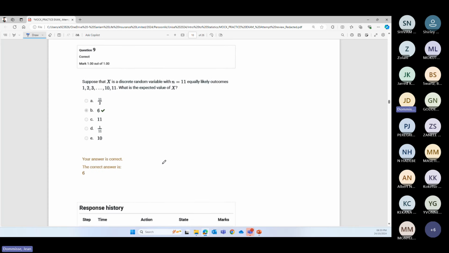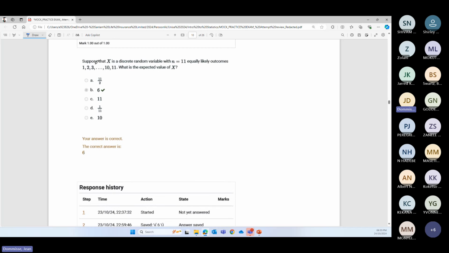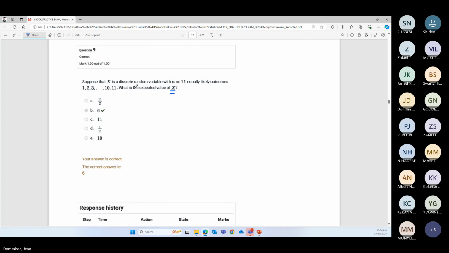Okay, and this one I think we have seen as well. Suppose that x is a discrete random variable with n equal to 11 equally likely outcomes. What is the expected value of x? Okay, so how would we have done this?